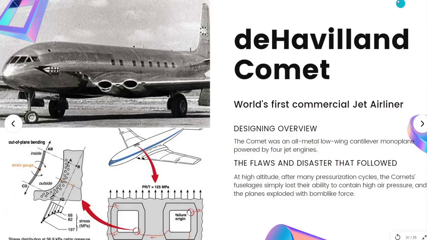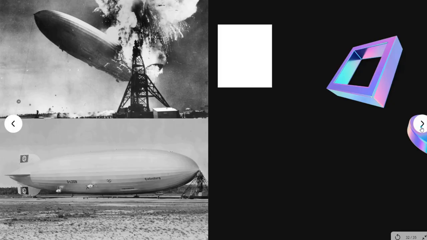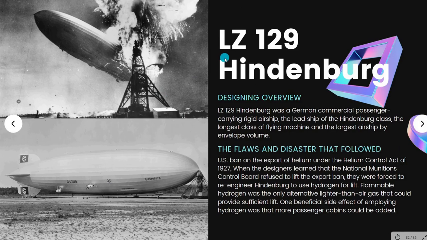In the first, we have the de Havilland Comet, which is the world's first commercial jet airliner. But unfortunately, it burst like a bomb due to the high pressurized air inside the fuselage. In the second one in the list, we have the Hindenburg, which is a German commercial passenger aircraft.